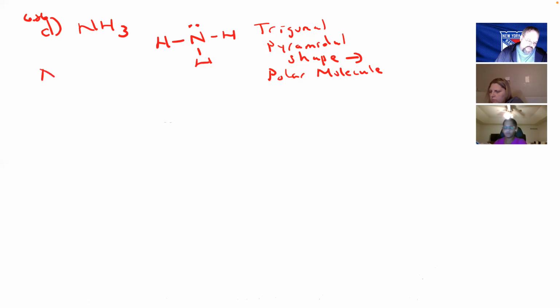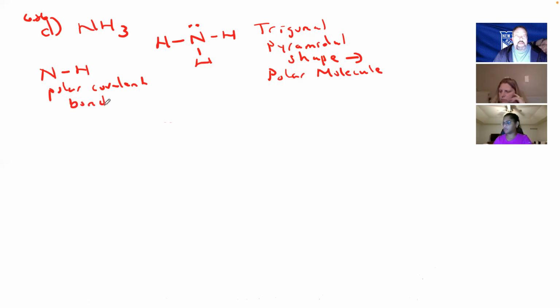Well, nitrogen to hydrogen is a polar covalent bond, which means neither the nitrogen nor the hydrogen are neutral. They're both polarized. And therefore, the strongest intermolecular force you would have here would be hydrogen bonding.